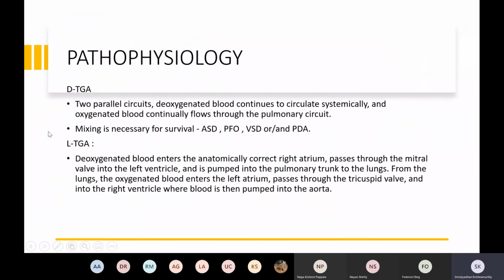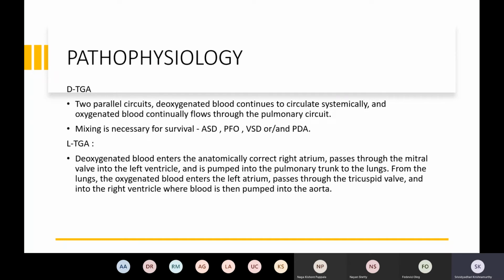So the pathophysiology: in DTGA, there are two parallel circuits. The deoxygenated blood continues to circulate systemically. As you've noted, the aorta comes off from the right ventricle.